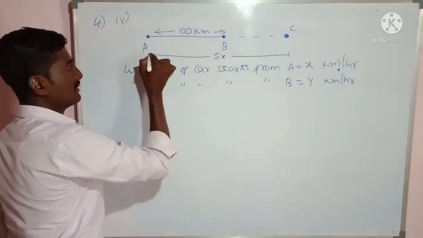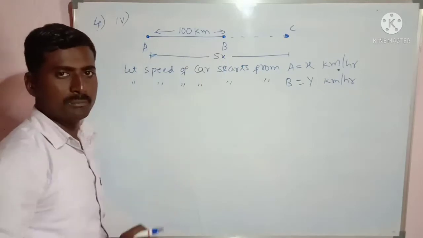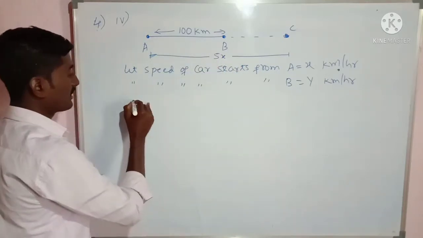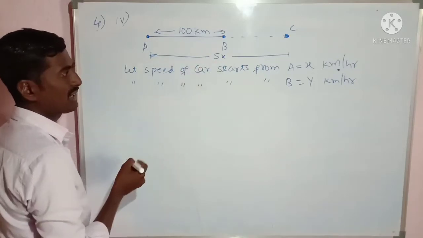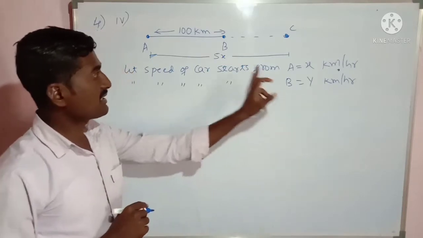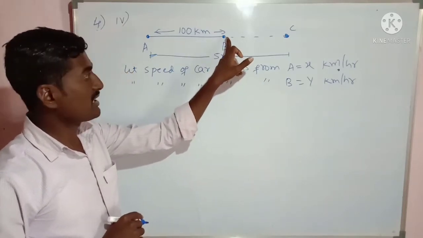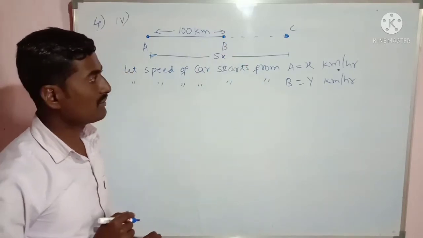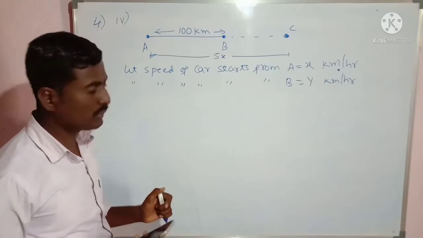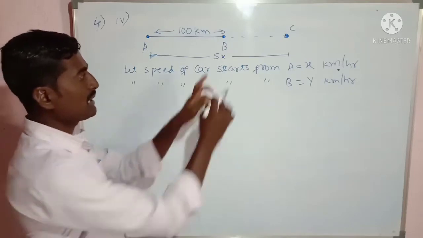No need to put the diagram, I am writing that just for your understanding. Distance covered by car A, I will take it as 5x. Similarly, the distance covered by the car that starts from point B: from here to here, how many hours?